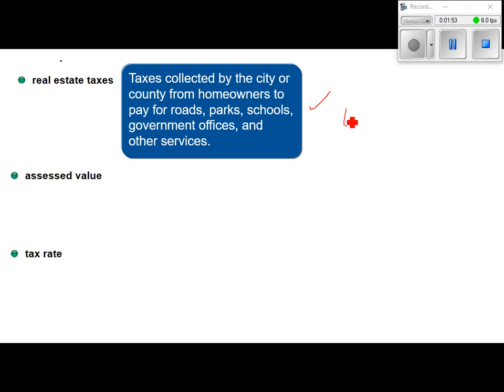We talked about if you have a loan on your house, then you might have an escrow account, and this is one of those things that goes into that escrow account. So the bank or the loan company that is giving you the loan on the property will take money from you each month in your monthly payment, and then they'll put it in an account, and then they will pay the real estate taxes along with the homeowner's insurance and different things through that.